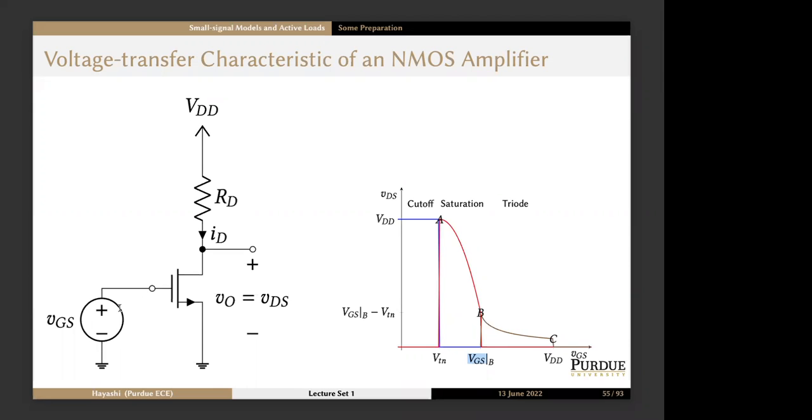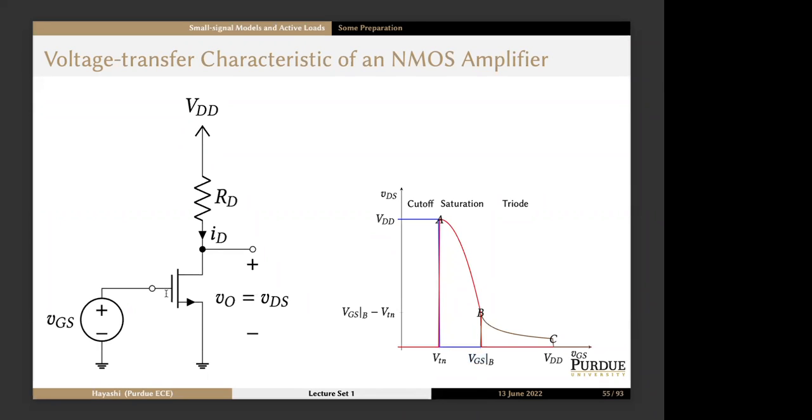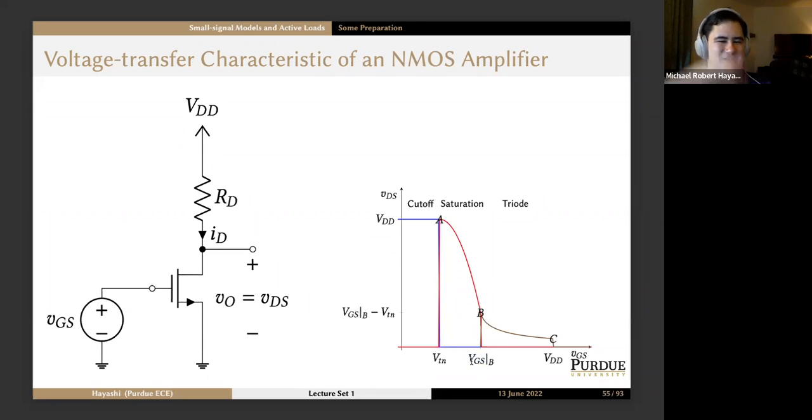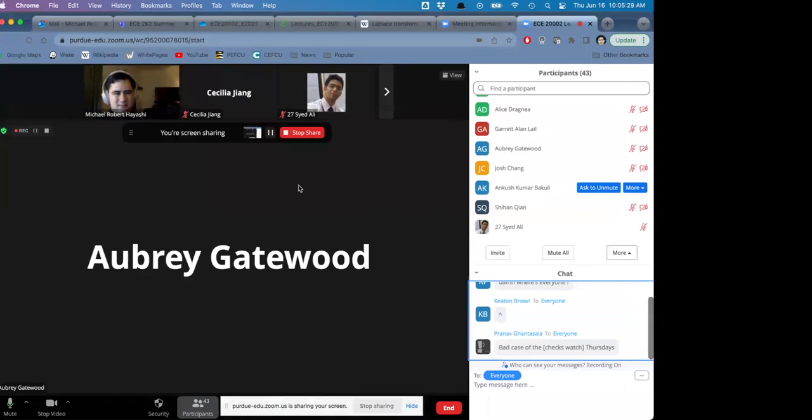And technically you could apply a voltage bigger than your source voltage if you had a split supply, but you wouldn't do that in practice. Okay. Thank you. You wouldn't want to have two different supplies. So I just said, C is the last point we care about, because we've gotten the full extent of our two power supply voltages, ground and VDD. Gotcha. All right. Thank you. You're welcome.